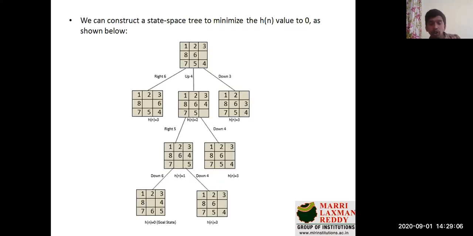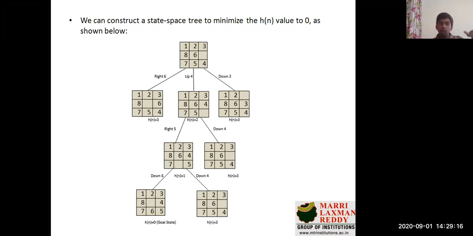If I don't follow a heuristic approach, still this solution can be found. It can be done with a breadth first search algorithm. Every time it will travel from left to all the different states, and finally it will reach the goal state. But what is the difference, and what is the advantage of applying a heuristic search method in place of exhaustive search? Why should I prefer a heuristic search?